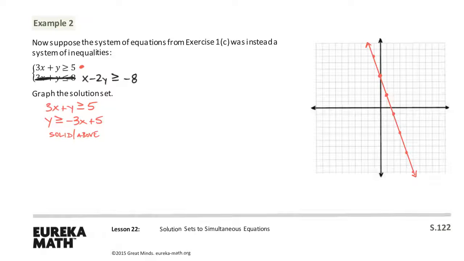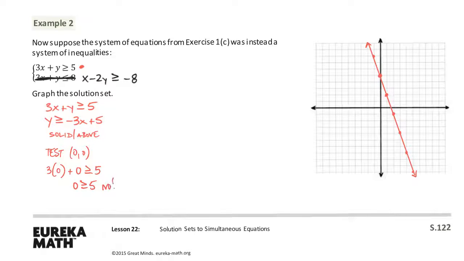And now I'm going to shade this, because remember, I want to shade all the possible solutions. With an inequality, we have a half plane. All right, so let's do a test. We're going to test 0, 0. That gives me 3 times 0 plus 0. Is that greater than or equal to 5? We've got 0 is greater than or equal to 5.